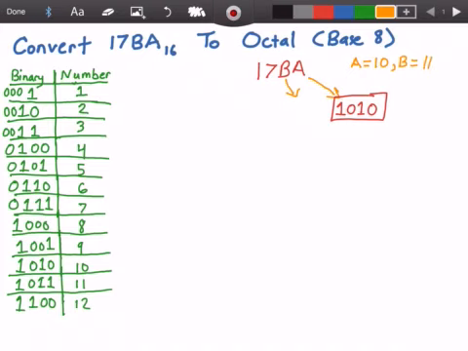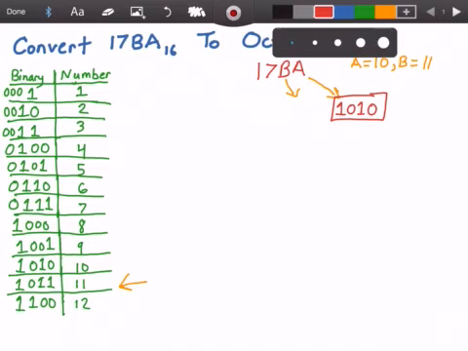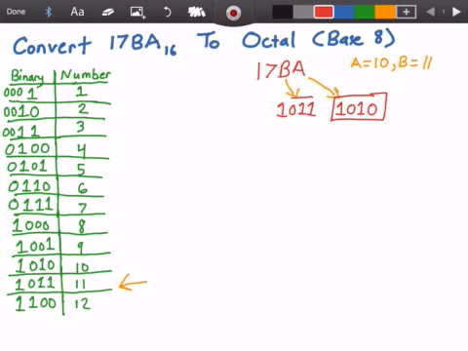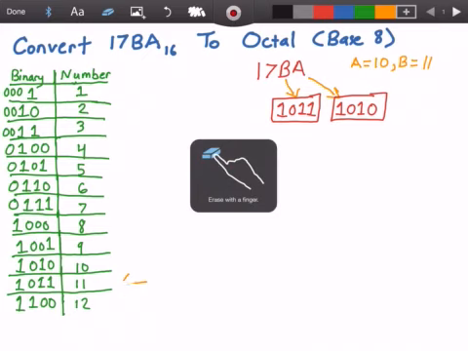So we go to our chart and look at the number 11, and we see that the binary representation of the number 11 is 1011. So here we're going to put 1011. Okay, and I'm going to get rid of that arrow.